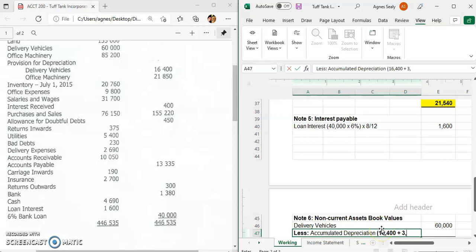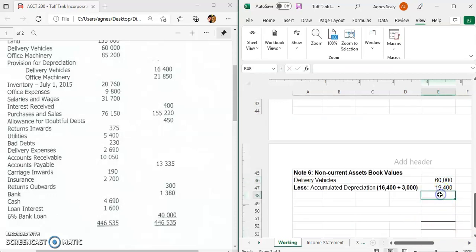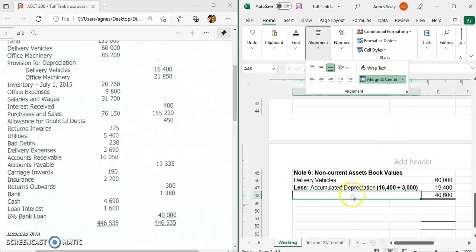That gives us total depreciation of $19,400. So $60,000 minus $19,400 gives us the book value for our delivery vehicles of $40,600.